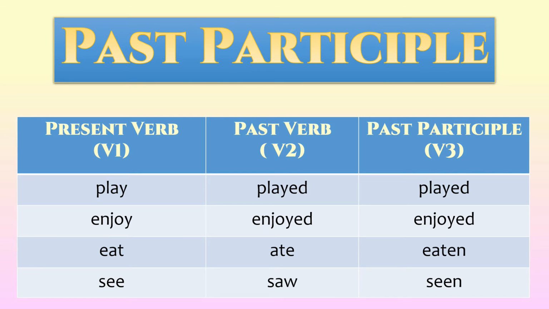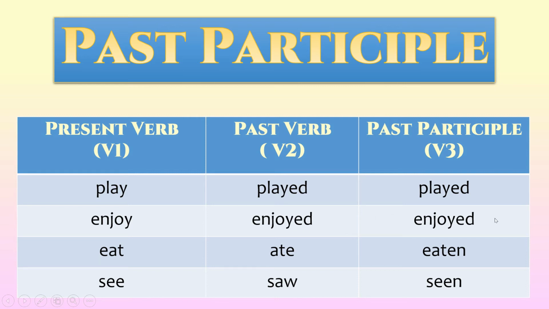Here, for the present, we have play, and the past of play is played, and the past participle of play is played. Now, for a regular verb, for example, enjoy: enjoy is present, enjoyed is past, then the past participle is the same, enjoyed.